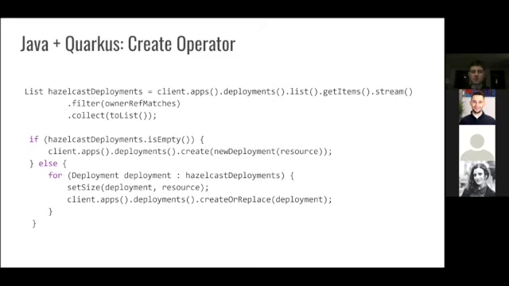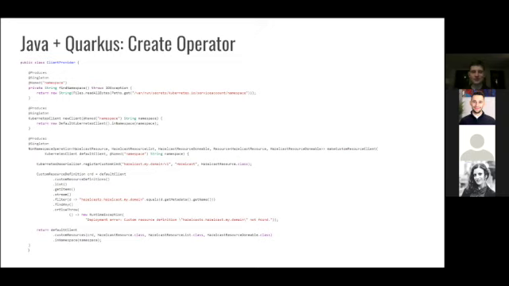So the logic is pretty clear, but as with everything in Java, you have to write a lot of different things. Like, for example, this, which is almost out of the slide. This is just Quarkus providers. So like for Quarkus dependency injection, just to provide the Kubernetes client.